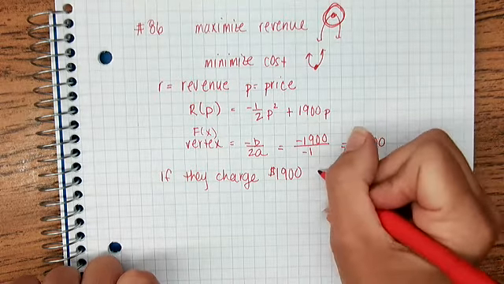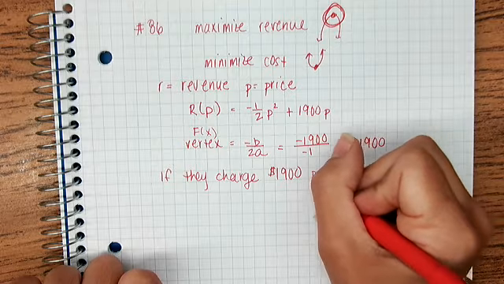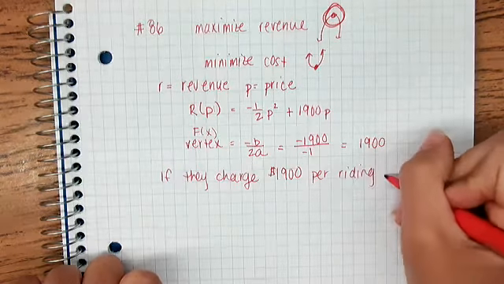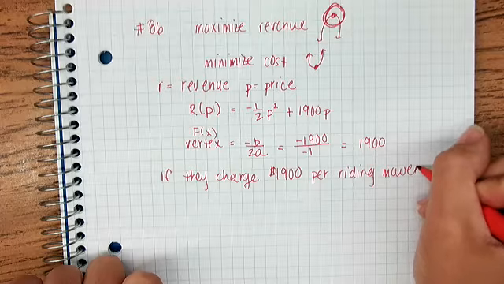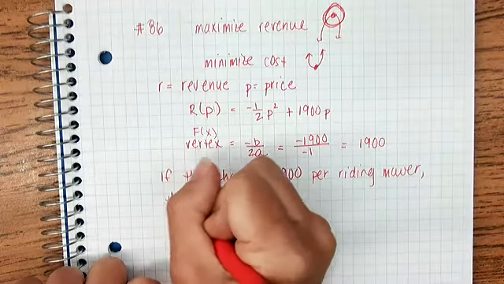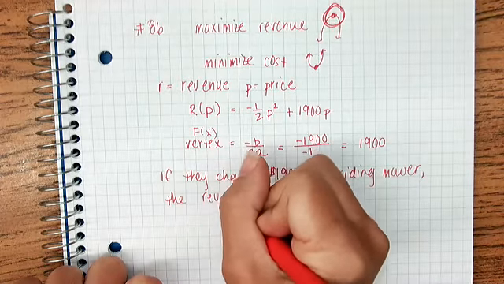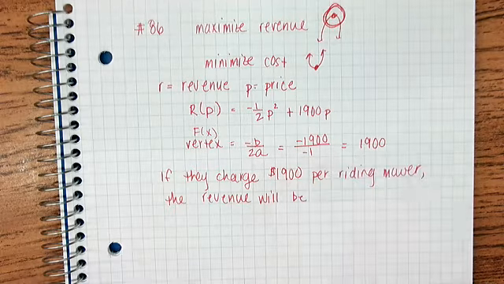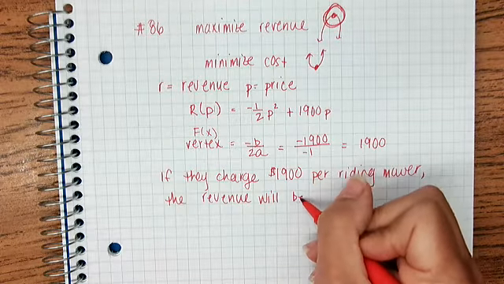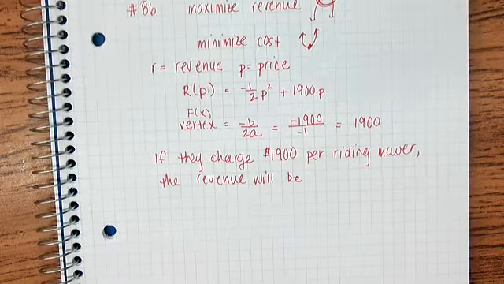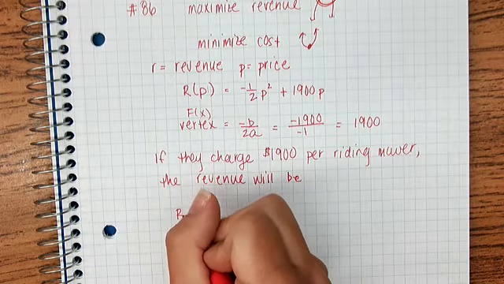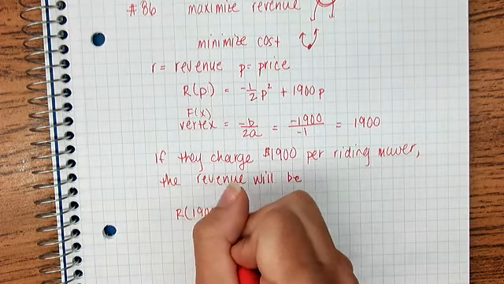If they charge $1,900 per riding mower, the revenue will be, yes, you should write out a sentence. If they charge $1,900 per riding mower, the revenue will be, well, what's the R of 1900?